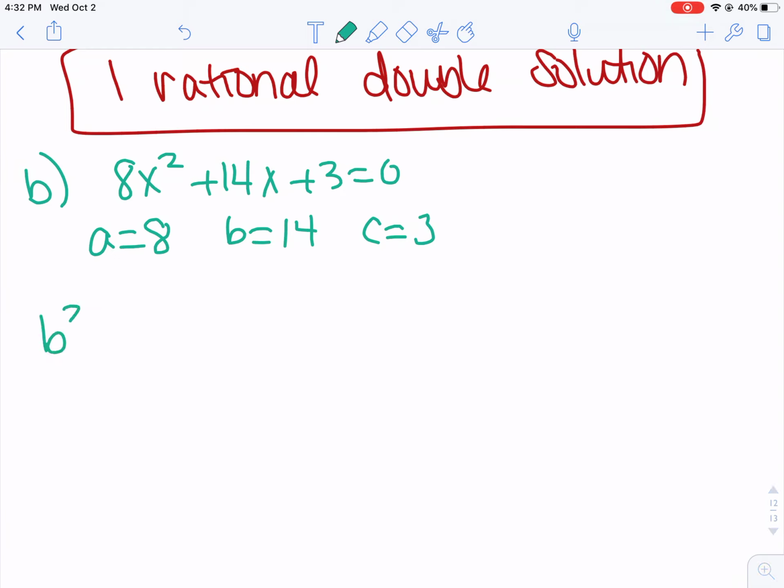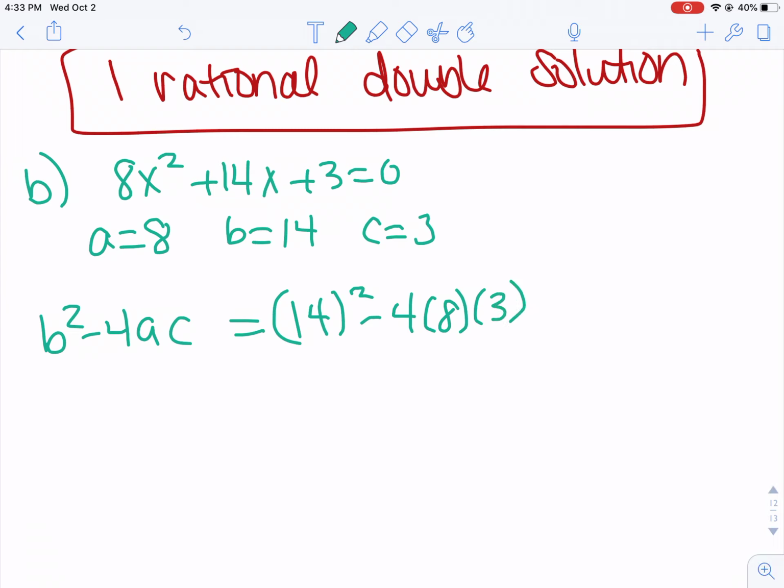So b squared minus 4ac becomes 14 squared minus 4 times 8 times 3. So 14 squared is 196. 4 times 8 times 3 is 96. So that's going to leave me with 100.